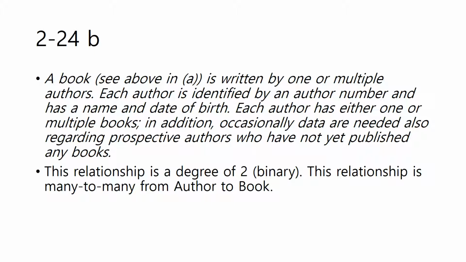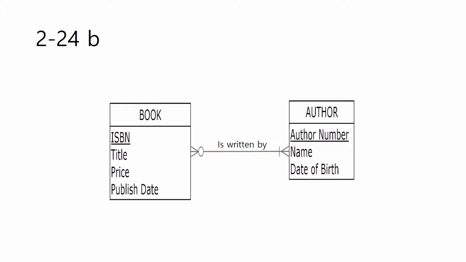This relationship is a binary degree relationship, and also this relationship is many-to-many from author to book. You can see, from the perspective of author, 0 through many books; the author writes 0 through many books.